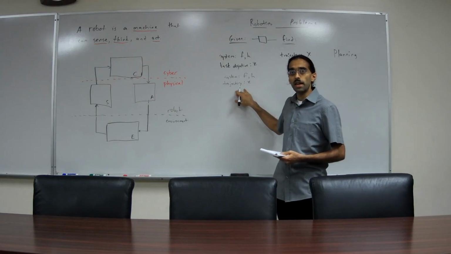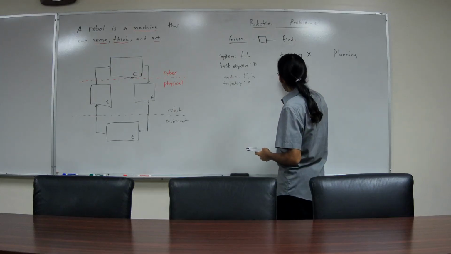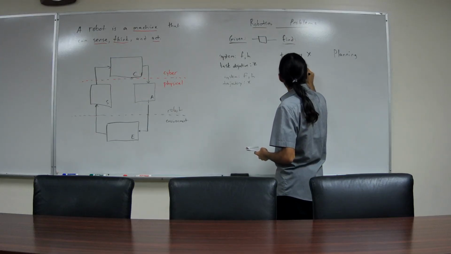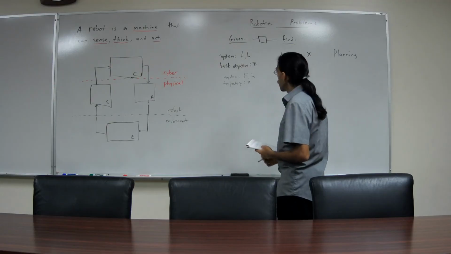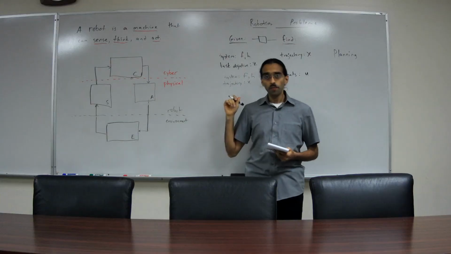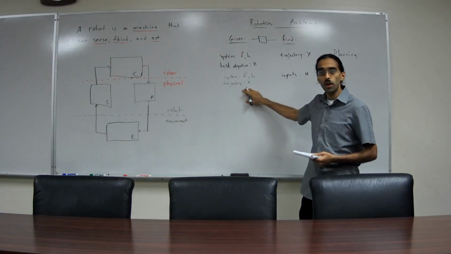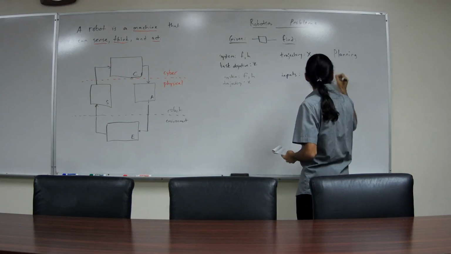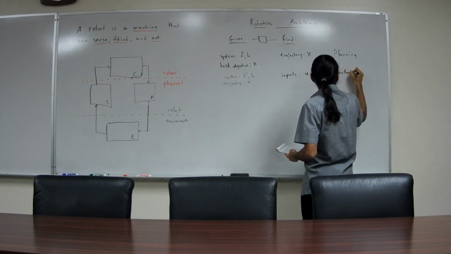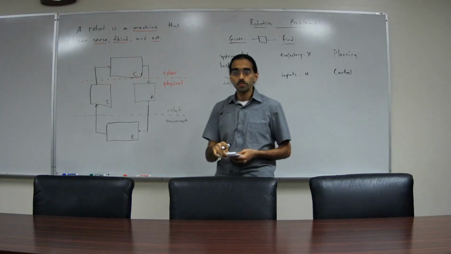How do we implement that? How do we define our inputs, u, that will get us to follow this trajectory? That's known as the control problem.